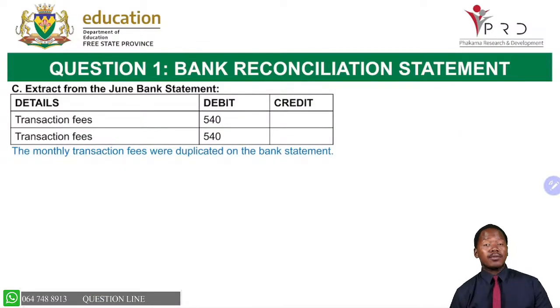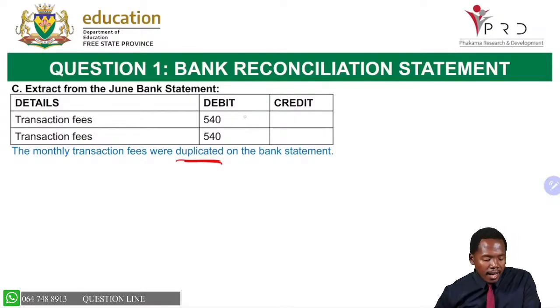Now let's look at the next one. Extracts from the June bank statement. These are two fees, transaction fees 540, 540. The monthly transaction fees were duplicated on the bank statement, so it must be corrected again on the bank reconciliation. Remember, one went to the BRS, one also went to the cash payment journal.